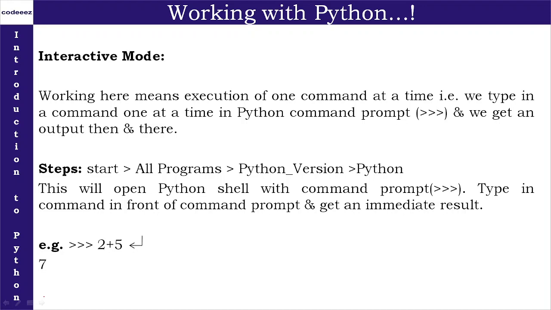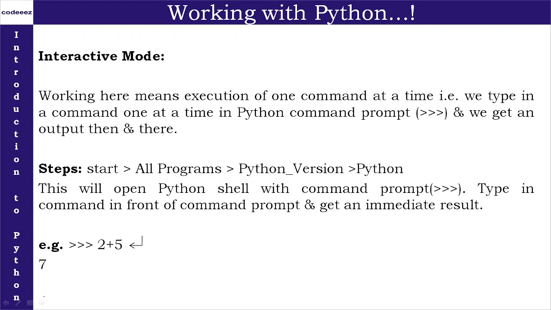We cannot execute multiple instructions at one go. So basically, it is something like the DOS prompt or command prompt in your Windows, where the moment you give the command, in the very next line you get the result. So this is how interactive mode of Python works.